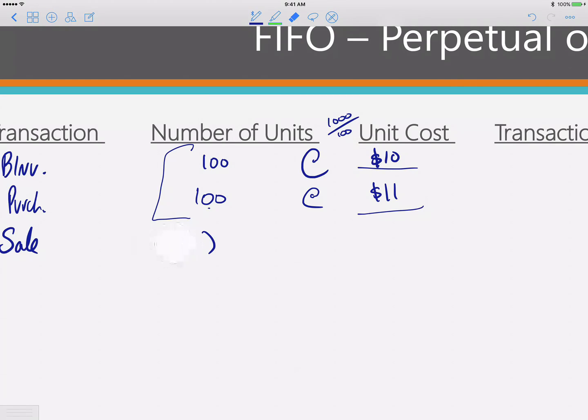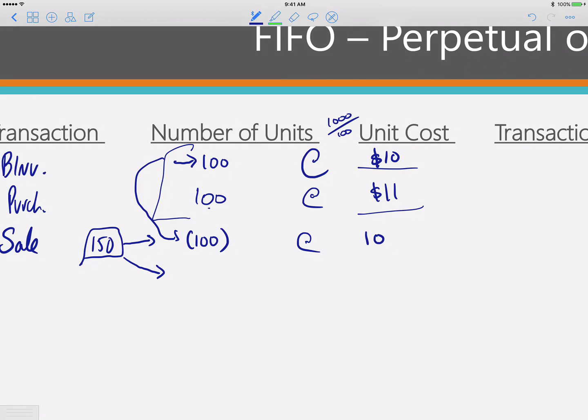So I'm going to move this 150 over to the side here, and we're going to keep track of the cost of each unit we're selling. We go to the beginning of our inventory, and we start off with 100 units that we paid $10 for. So we have the first 100 here. We're going to sell through it at $10, but we still have 50 more units to sell through.